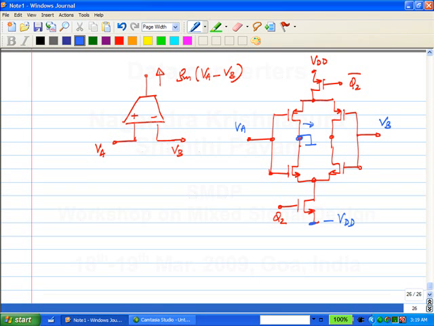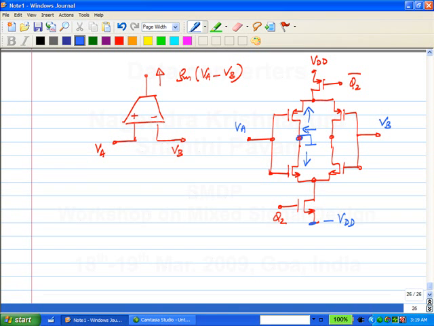Please note that this current, apart from the quiescent value, is proportional to GM times VA minus VB. What about this current? It is also proportional to GM times VA minus VB. So this is equivalent to what is happening when I put the two together. It is GM of the NMOS times VA minus VB plus GM of the PMOS times VA minus VB. Does that make sense?